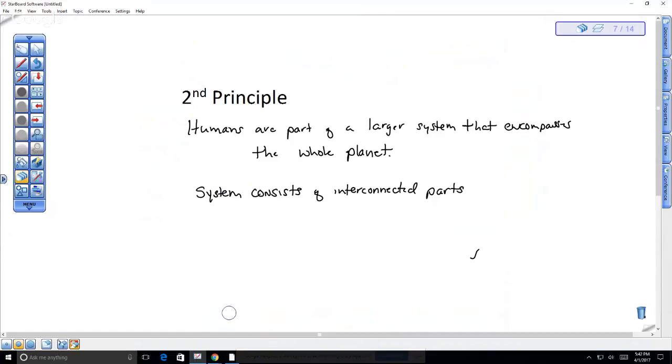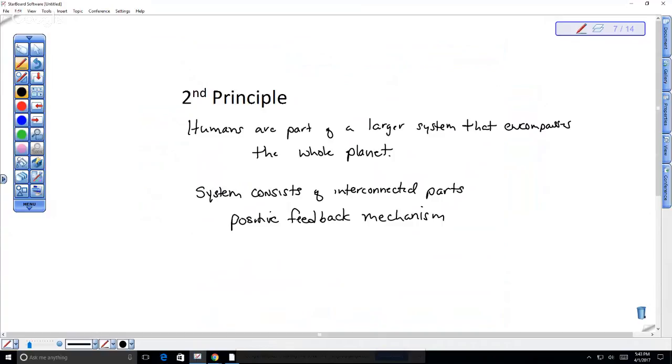Okay, so when we think about systems, we have variables. And so these variables interact, and so we'll look at mechanisms of change. We have what is called the positive feedback mechanism. Okay, so this is positive feedback mechanism.